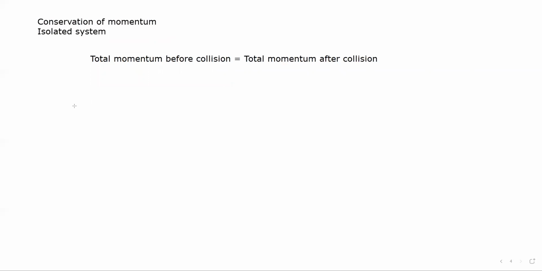For example, you have two objects of different masses, or they may have identical mass. M1 and M2 are the two objects, moving with velocities, say u1 and u2. They come in contact and collide with each other.